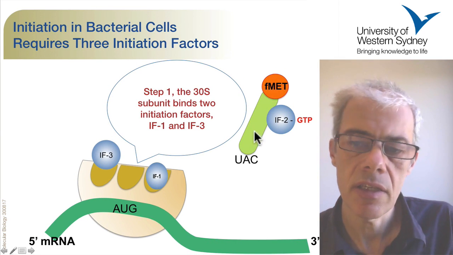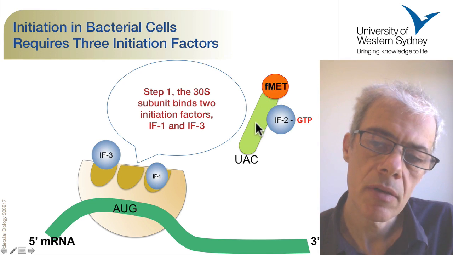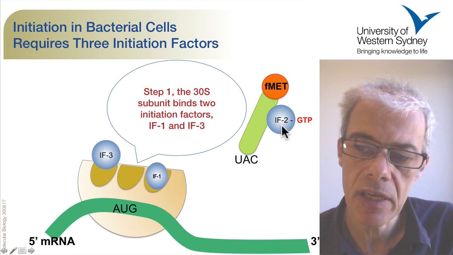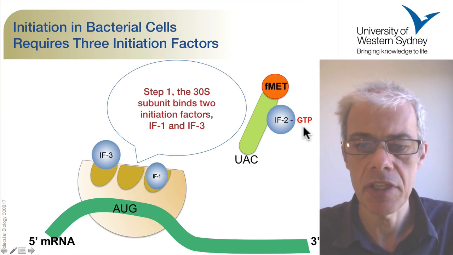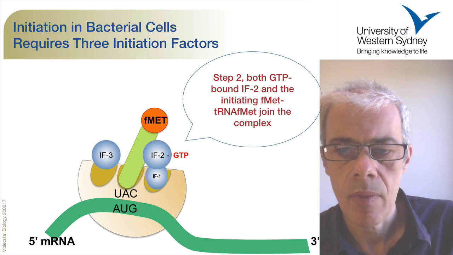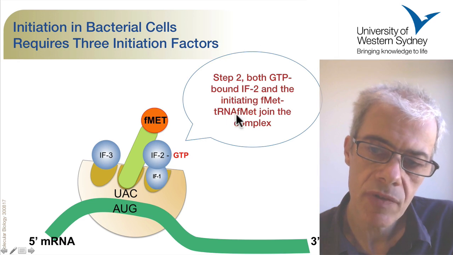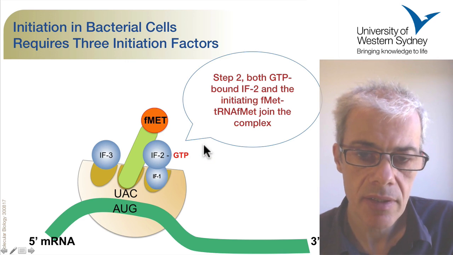So shown here is the initiator transfer RNA bound to IF2, which is a GTP binding protein. In this case, it's bound to GTP. And both the initiator transfer RNA and the IF2 join the complex.